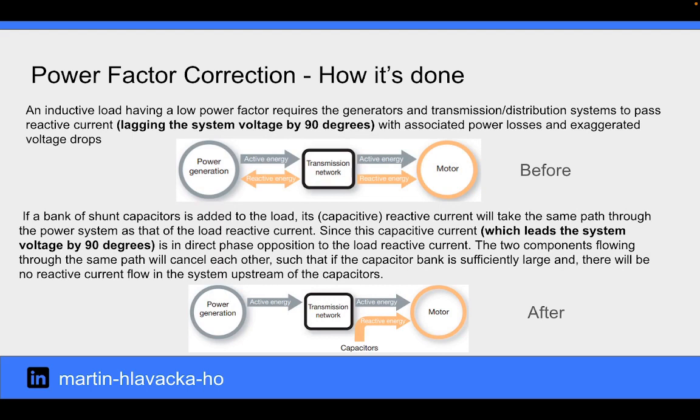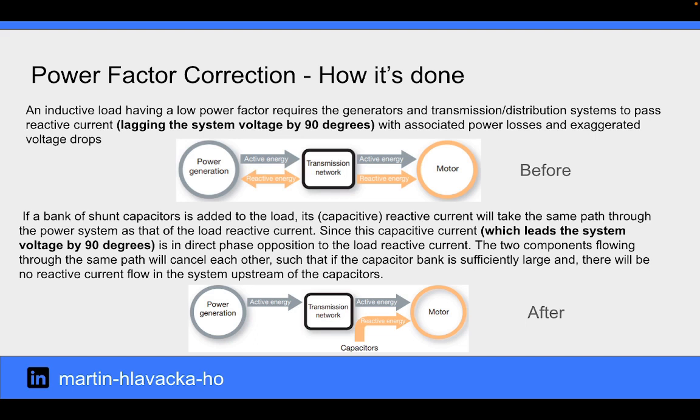Before implementing power factor correction, an inductive load that has a low power factor requires generators and transmission and distribution systems to pass reactive current with associated power losses and exaggerated voltage drops. After the implementation of the capacitor bank at the load level, its capacitive reactive current will take the same path through the power system as the load reactive current.